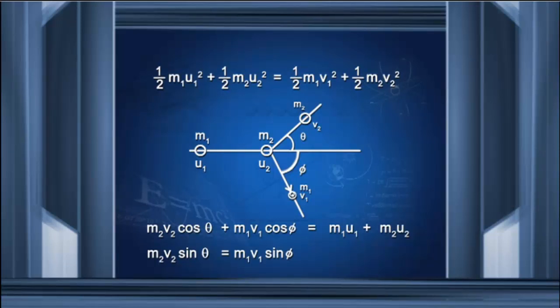These had no component in the vertical direction. So, these two equations here for the momentum and one here for the energy. Now, notice you have 4 variables v1, v2, theta and phi, and you have only 3 equations to deal with. Therefore, you must know at least one of them in order to find the others.